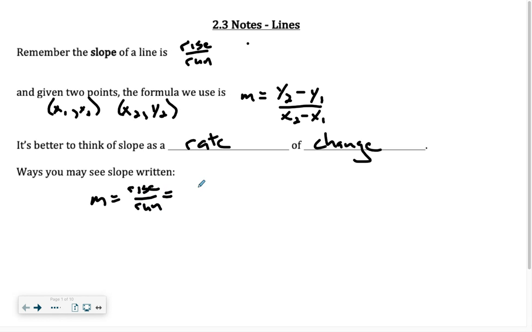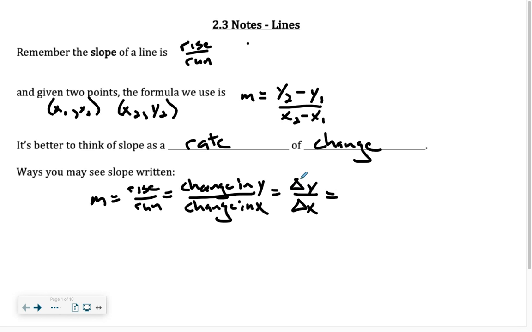We could see it written out as change in y over change in x. We could see it written using deltas, delta y over delta x.